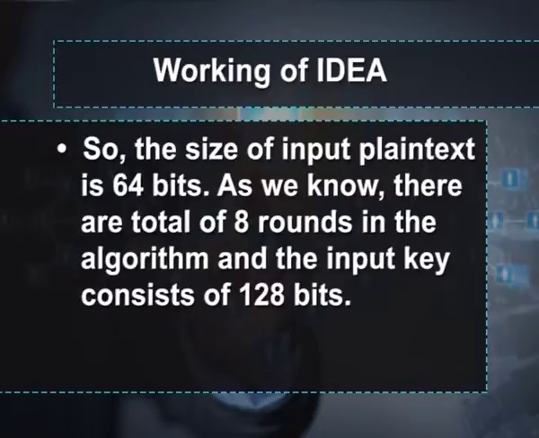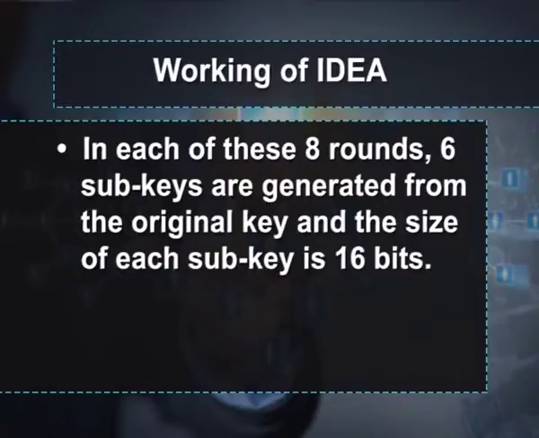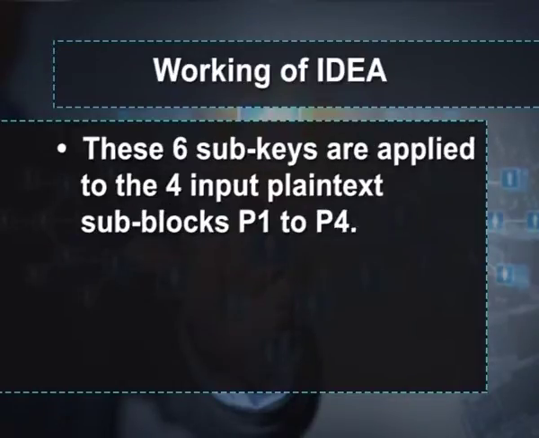So, the size of input plain text is 64 bits. There are a total of 8 rounds in the algorithm and the input key consists of 128 bits. In each of these 8 rounds, 6 subkeys are generated from the original key and the size of each subkey is 16 bits. These 6 subkeys are applied to the 4 input plain text subblocks P1 to P4.